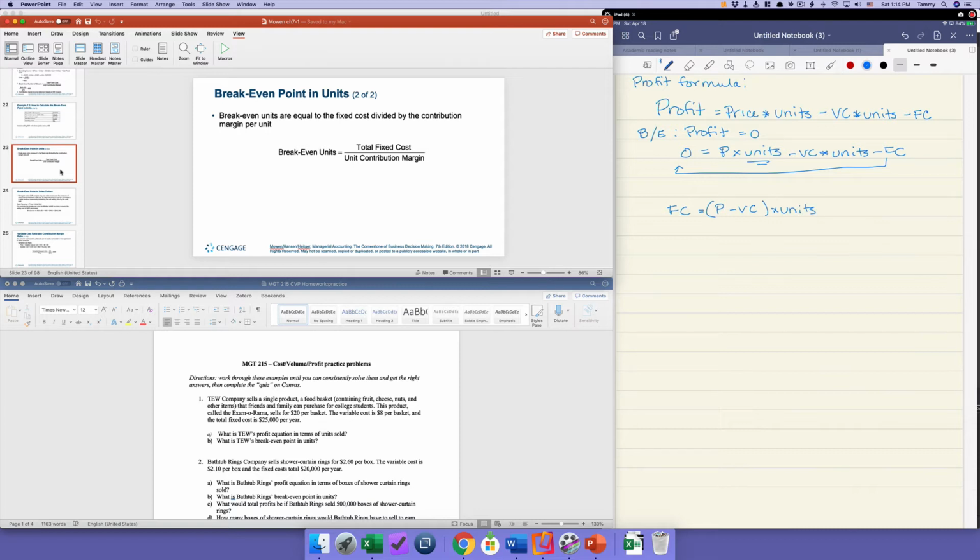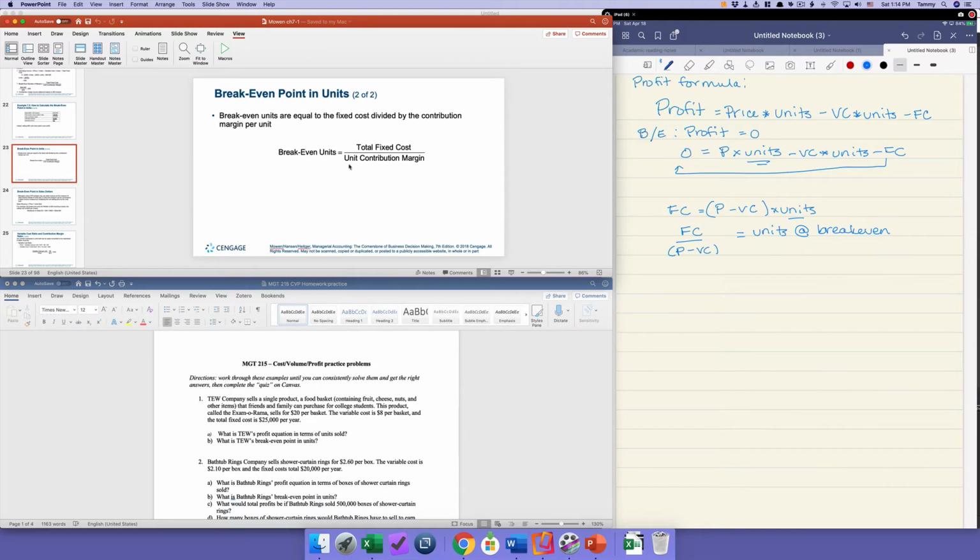If we want to solve for units, we leave the units on this side of the equation. So our units are fixed costs over price minus variable costs. That's our units where we get to break even.